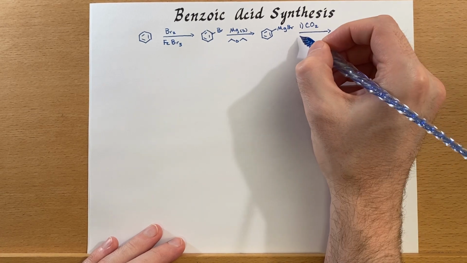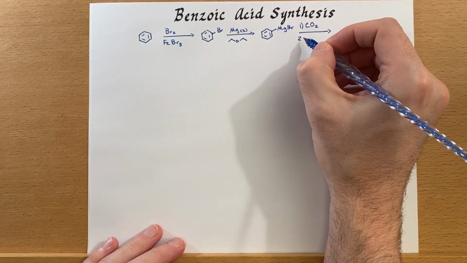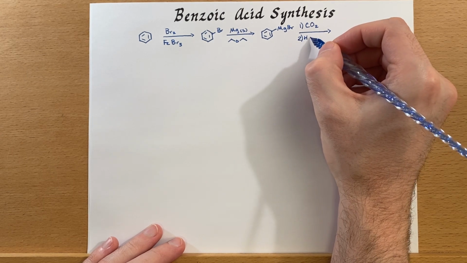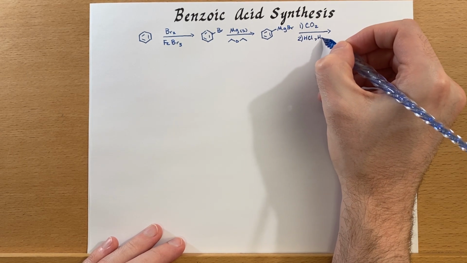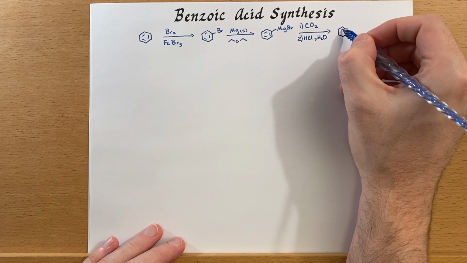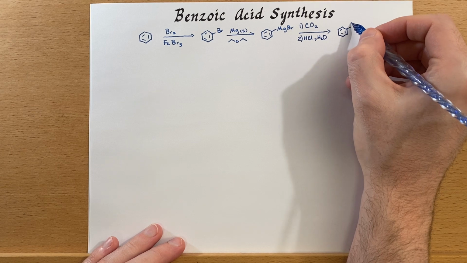And then of course we'll need an acid workup step, like is typical when we're using organometallic reagents. And then it is possible to generate benzoic acid.